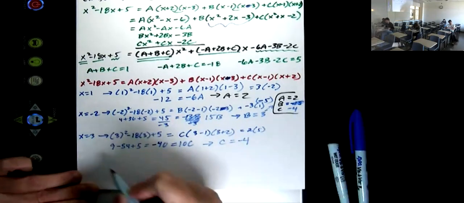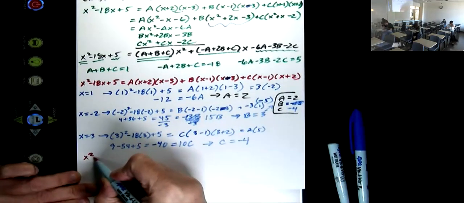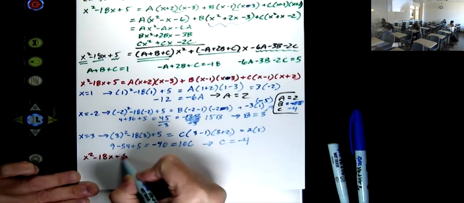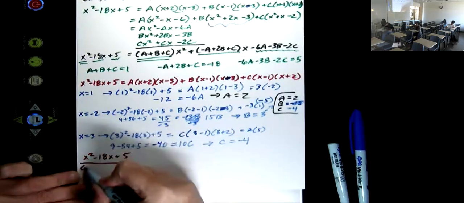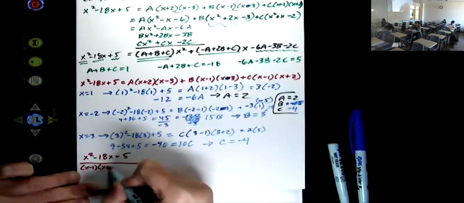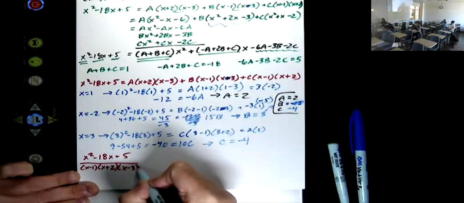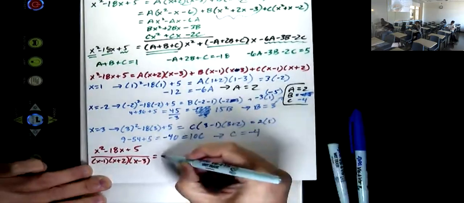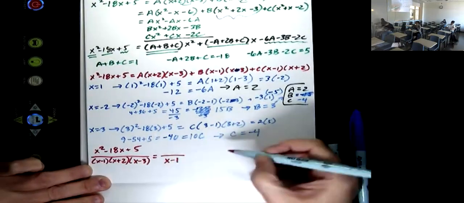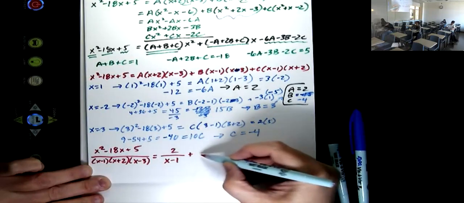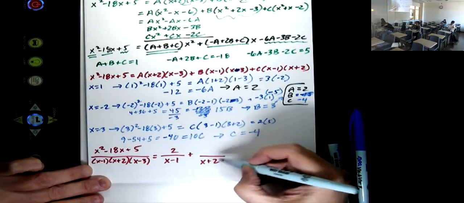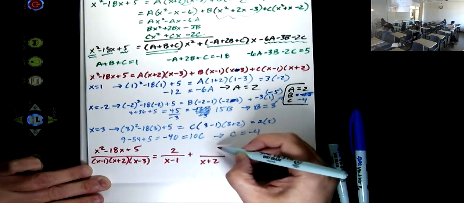So I just put it all together. X squared minus 18x plus 5 over x minus 1, x plus 2, x minus 3 equals. My x minus 1 has a 2 on top. My x plus 2 has a 3 on top.